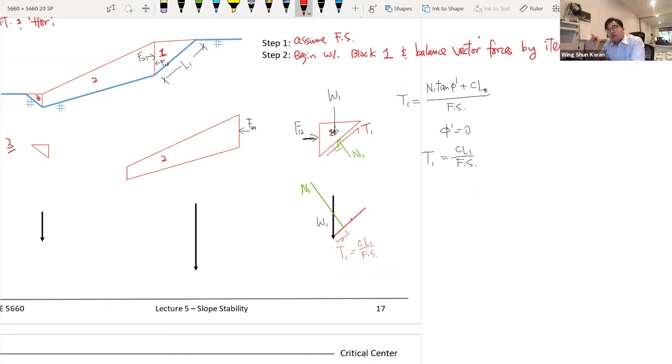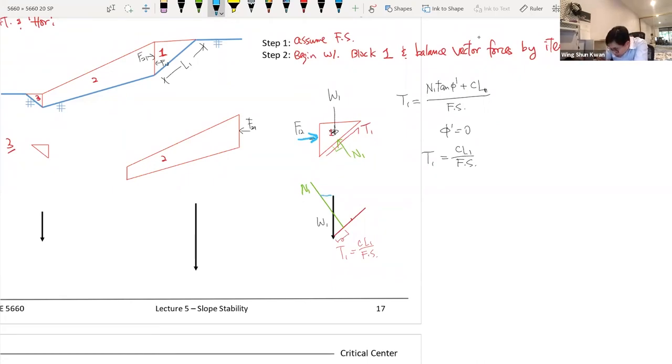And in order for this to be in equilibrium, at the end of the day, you must have a closed loop. You must go back to where you start. So this is your F12. We assume that it is in the horizontal direction. It's a horizontal internal force because that's the way that we draw a wedge, a block.